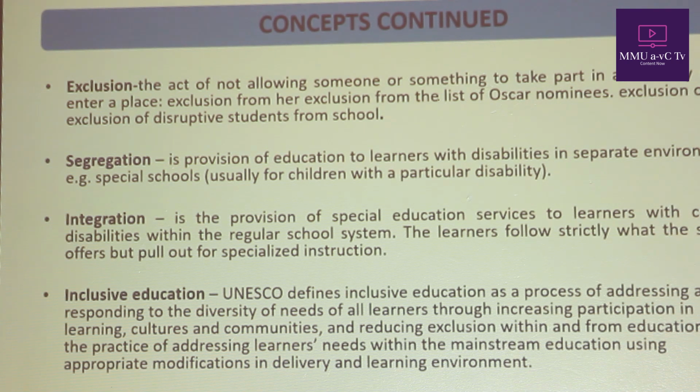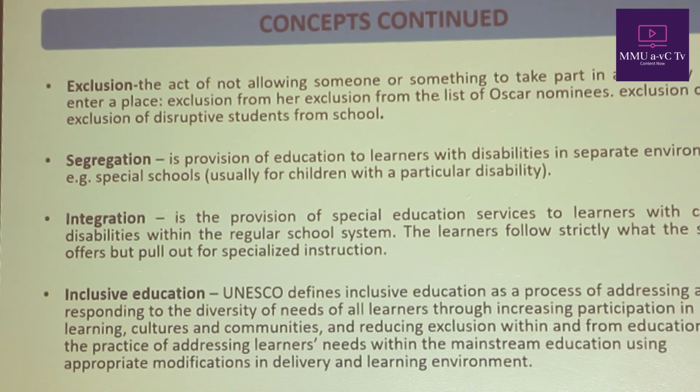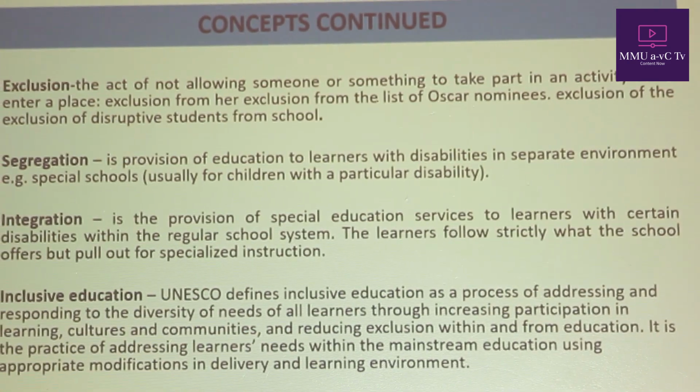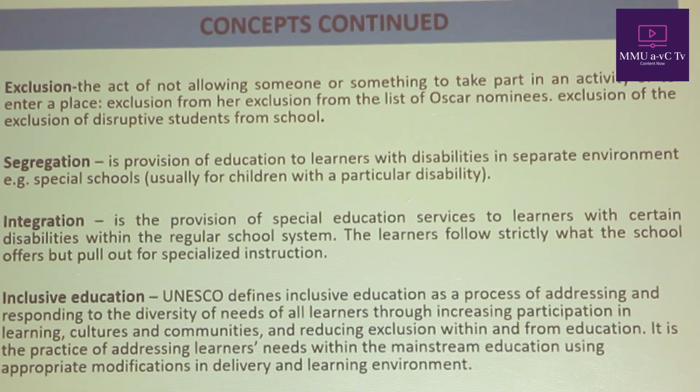When we talk of exclusion, what does it mean? What comes into your mind? Exclusion. This is the act of not allowing someone or something to take part in an activity or to enter a place.